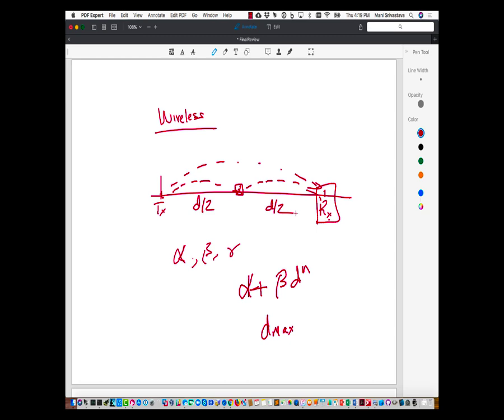It will have to pay a reception cost, gamma, and a transmission cost. So the transmitter is going to have alpha plus beta (d/2)^n, whereas the relay is going to have alpha plus gamma plus beta (d/2)^n.